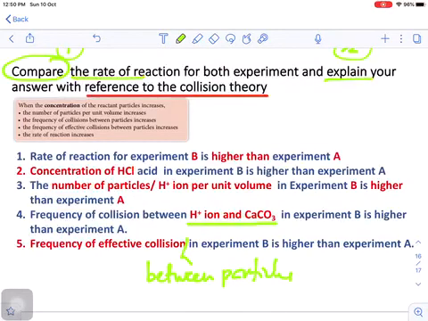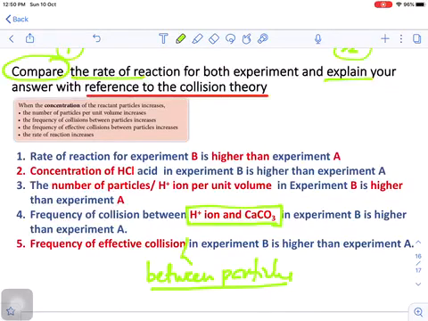Okay, so dalam penjelasan kita dah sebut sekali hydrogen ion and calcium carbonate. It's okay. Bawah ni tak payah repeat lagi. You all boleh just tulis between particle. Kalau you all nak tulis lagi pun boleh.